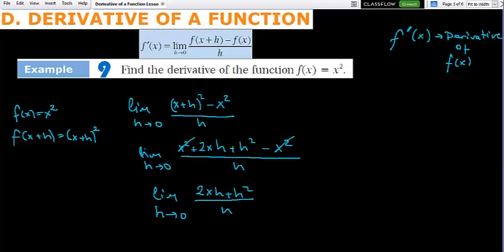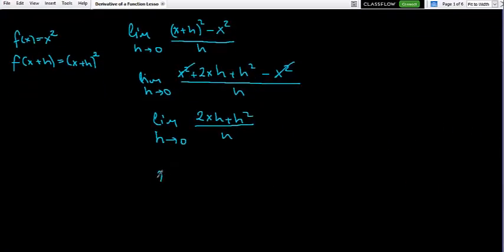And this is the limit h tends to 0 of h times (2x plus h) over h, because when you replace this h by 0, you are going to understand that this is 2 times 0 plus 0 squared, which is equal to 0 over 0, indeterminate form.